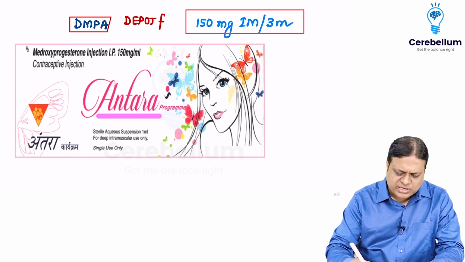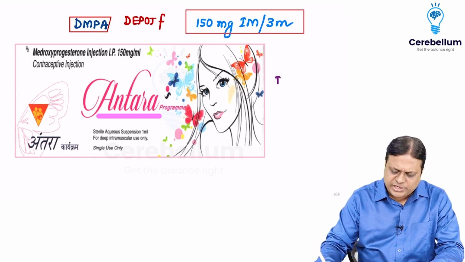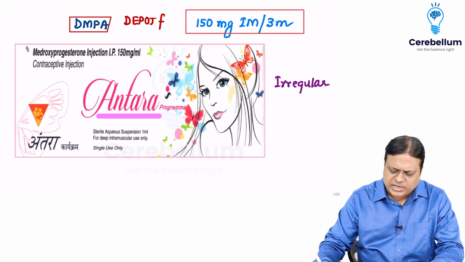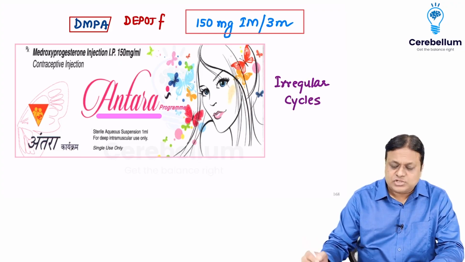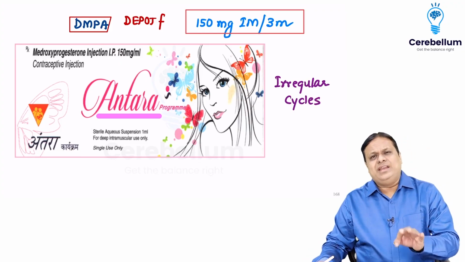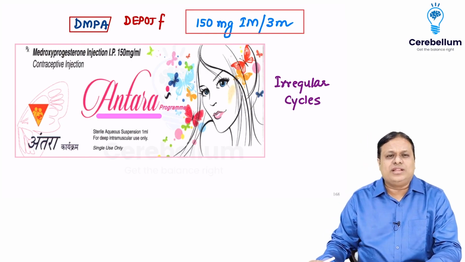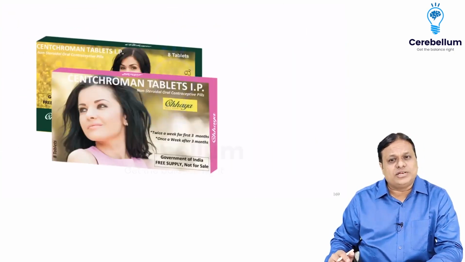Now, this contraceptive is associated with a side effect of irregularization of menstrual cycles. NET-EN 200 milligram IM every 2 months, norethisterone enanthate, is another depot formulation.